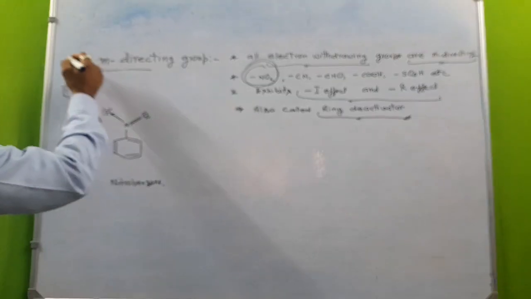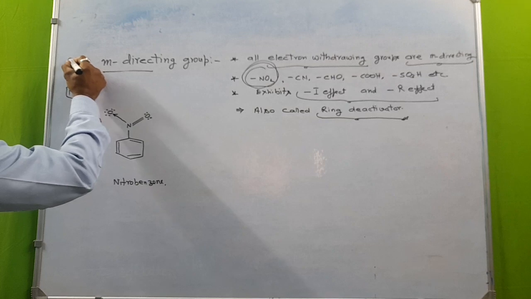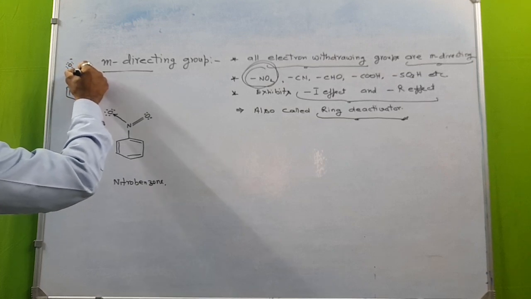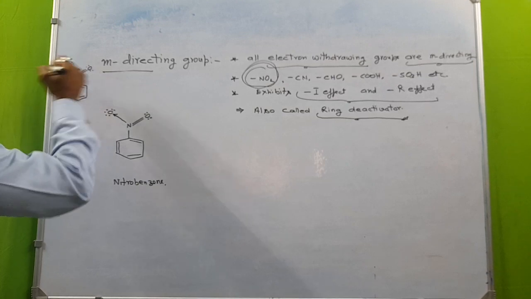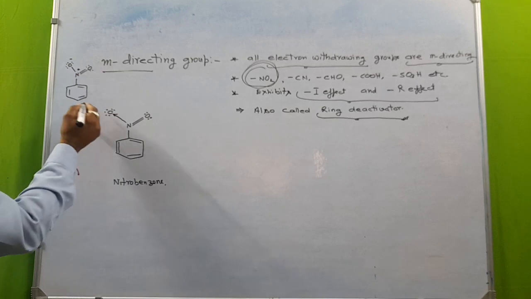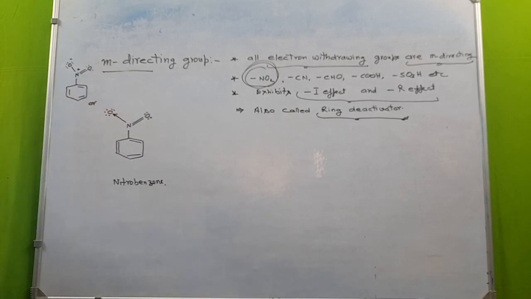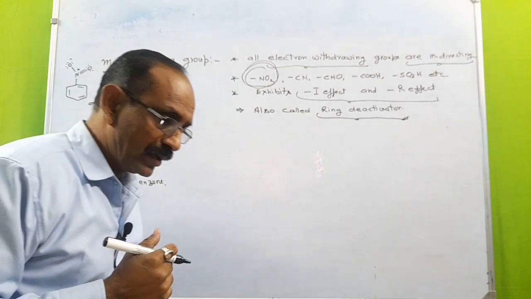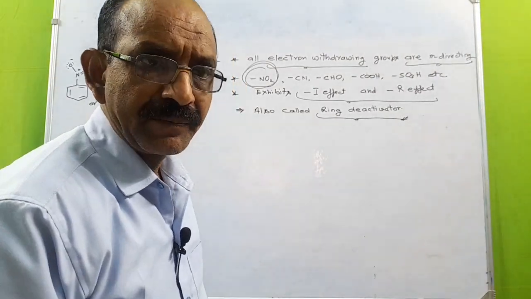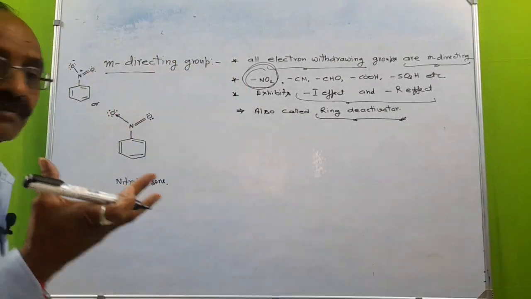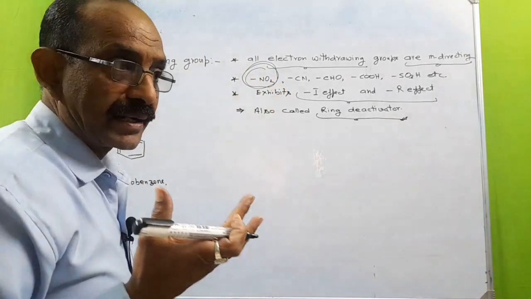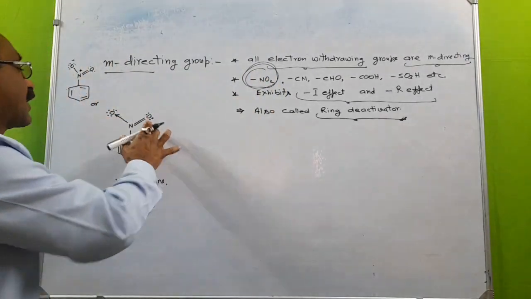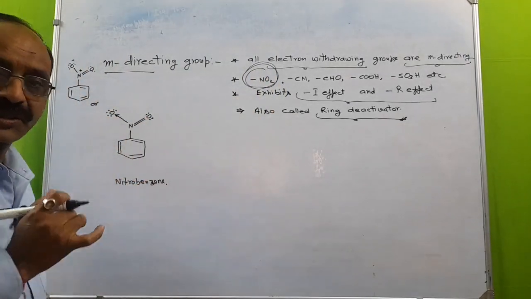So this bond has a polarity. So we may write this structure in this manner also. But for simplicity, I will explain the directive influence of the NO2 group using this structure.